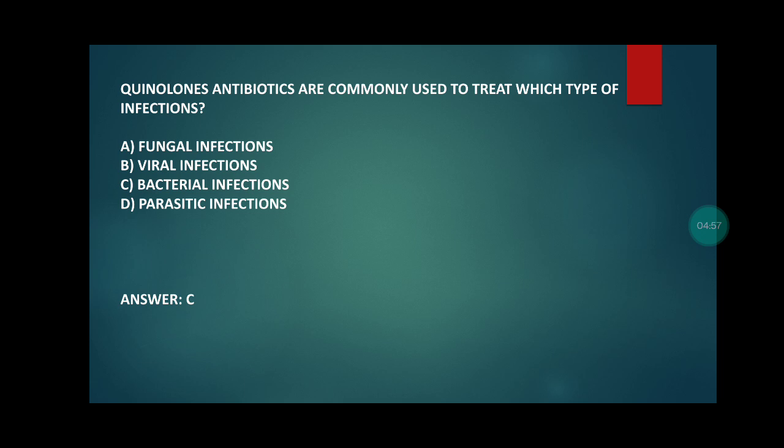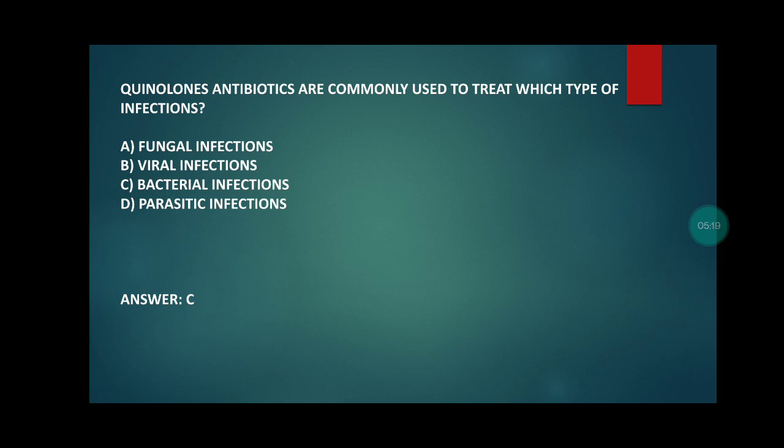The fluorinated compounds also inhibit the gram positive ones as well, but main activity is against gram negative bacteria. The action of quinolones is generally bactericidal, that is it kills bacteria. So the correct answer would be bacterial infections, that is option C.